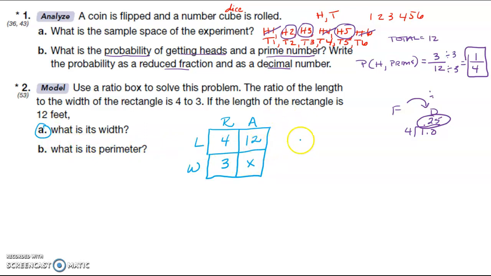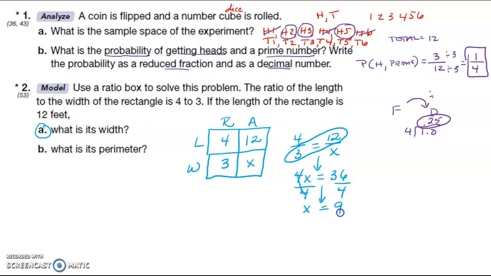So ratio box, proportion, cross multiply. And I'm solving for x. X comes down, equals 9. So this equals 9.